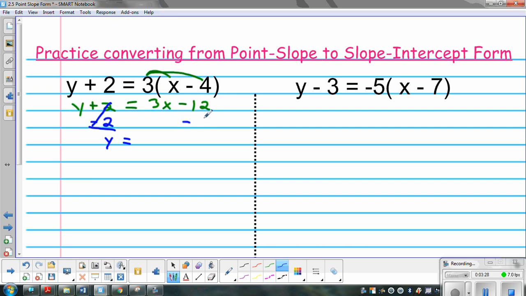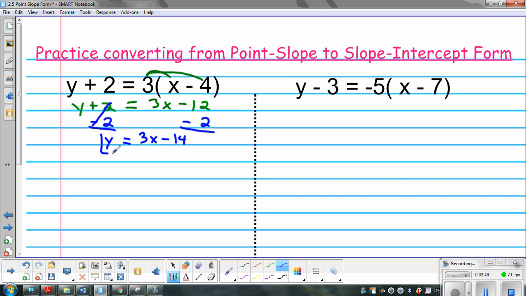I am hoping that you saw that these are both constants, just plain numbers, so these are the only two we can combine. Nothing can be combined with the 3x, so we simply rewrite it. And now when we look, we have a negative 12 and a negative 2, so we're going to add them up and keep it negative. So negative 12 and negative 2 is negative 14.